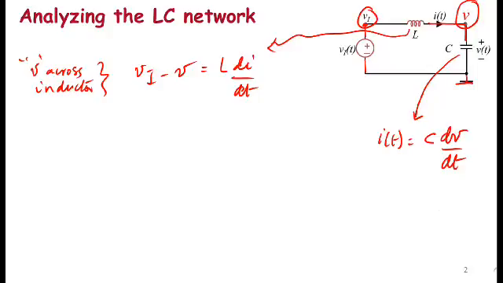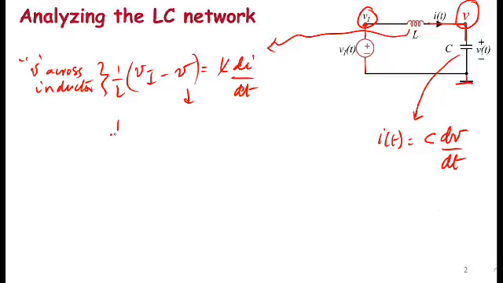So now I'm ready to proceed with the node equation. But before I do that, let me express the inductor current not in its differentiated form, but in the integral form. I can integrate both sides with respect to t, and divide throughout by L. If I bring L to this side and then integrate it, what do I get?